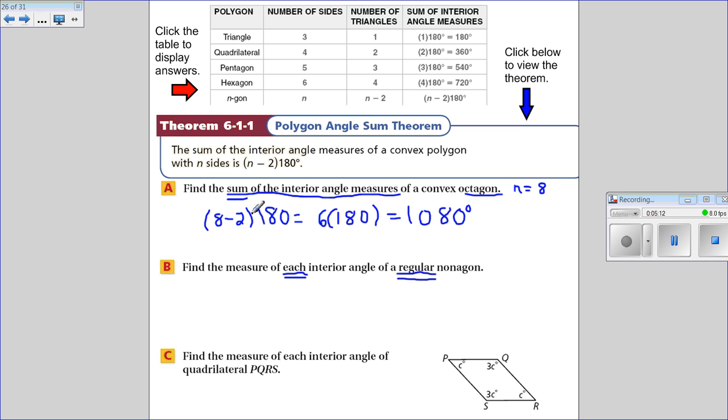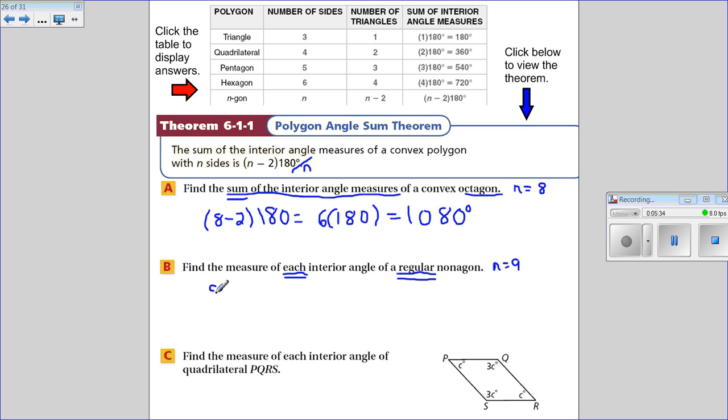With the n minus 2 formula, if I want each angle, all I have to do is divide by how many angles there were, or how many sides, if they're all the same.